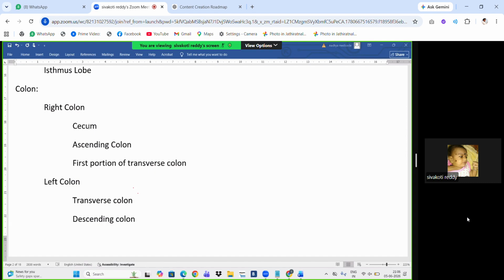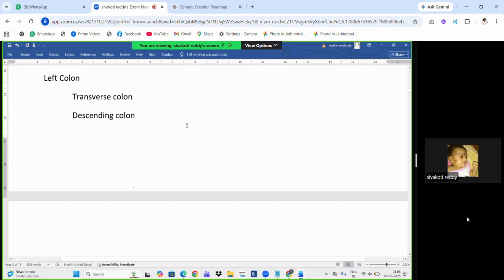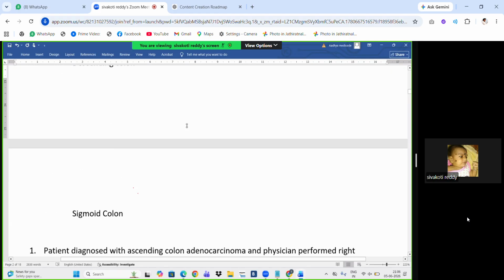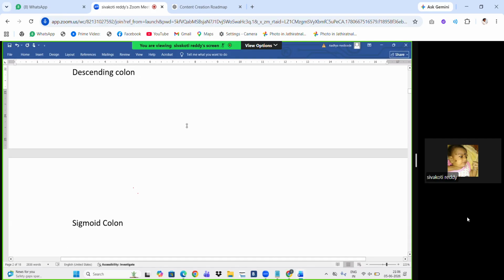Each one we need to consider as a body part here. Sigmoid colon is a separate body part, ascending colon a separate body part, descending colon a separate body part, transverse colon a separate body part. That removal also we need to consider as resection. Lobectomy, complete body part, or in the colon any body part completely or entire colon, also resection. Clear?